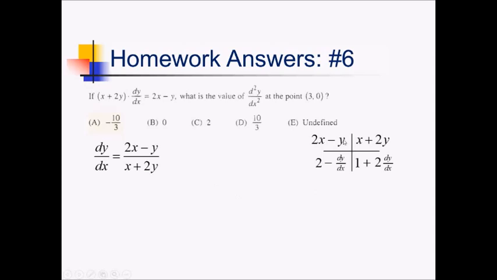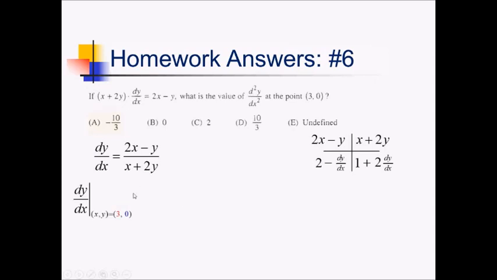Now you'll notice that we have x's and y's and dy over dx's. So in order to plug everything in that we need, we're going to have to figure out dy over dx. One thing you could do is substitute 2x minus y over x plus 2y for the dy over dx, but that's actually a lot more work than you need to do. If we just figure out the numerical value of dy over dx at 3, 0, like I'm about to do here, we can just use that number instead of dy over dx.